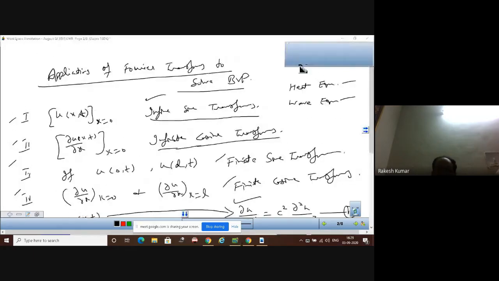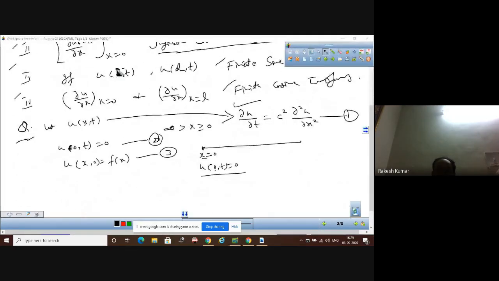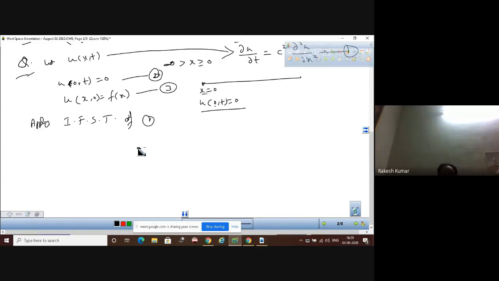So you apply the infinite Fourier sine transform to equation 1. What will you get? This will be the infinite Fourier sine transform of del u by del t is equal to c square, which is a constant, times the transform of del square u by del x square.